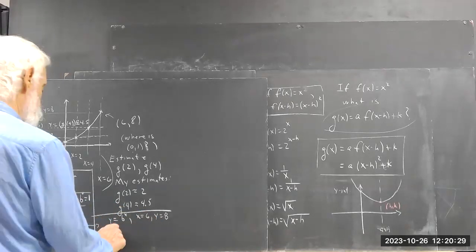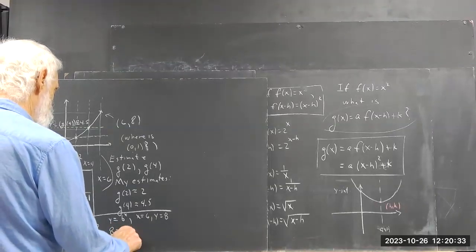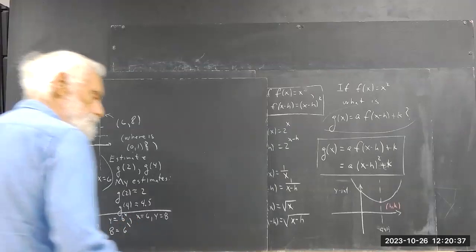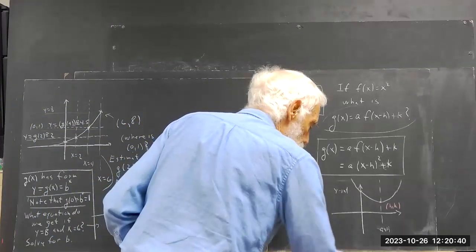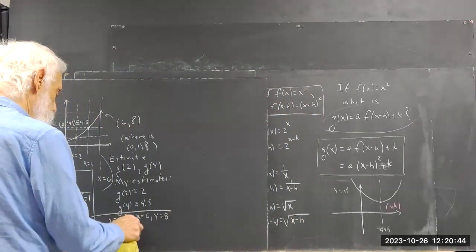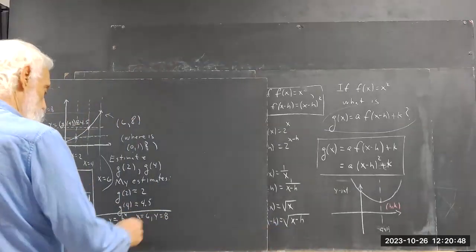So we get 8 equals b to the 6th, not 6 to anything. We just replace x and y with their values.